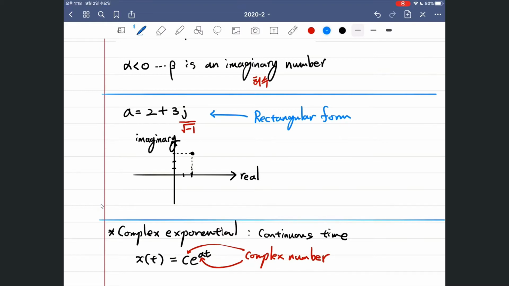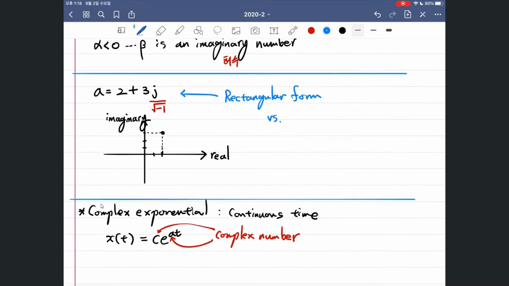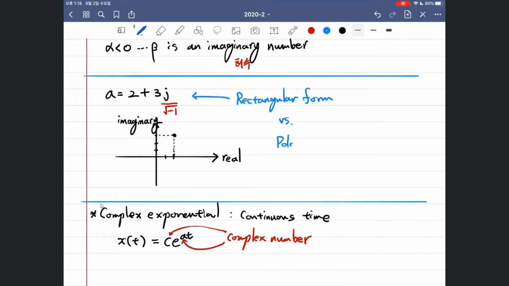And also there is a polar form where we express the complex number as the magnitude and the angle.